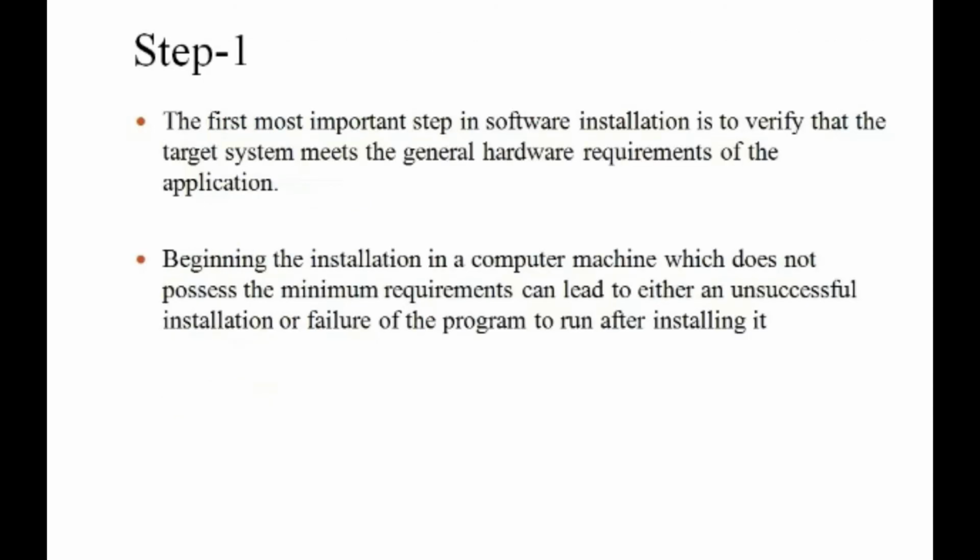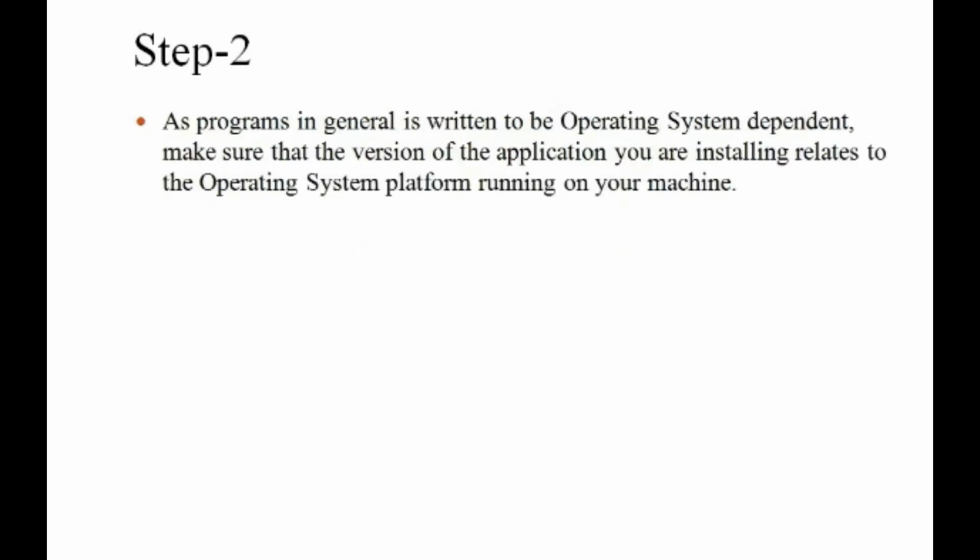The very first and most important step in software installation is to verify that the target system meets the general hardware requirements of the application. The laptop must possess the minimum requirements to install those applications, otherwise you cannot perform this activity. Keep in mind that while installing the application, its version should match the laptop operating system.